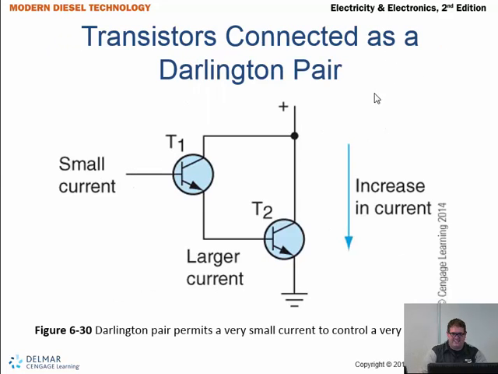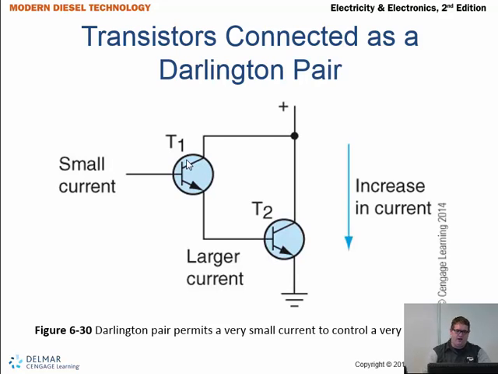All right, transistors connected as a pair, as a Darlington pair. A Darlington pair permits a small current to control a very large current. And you're going to find this again in relays. We talked a little bit about relays. So here we are using a small current to control a much larger current.